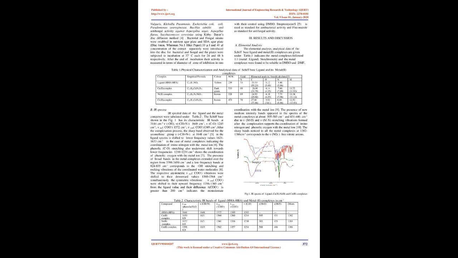The magnetic susceptibility data were calculated at room temperature using Gouy balance in DMSO solution. Conductivity measurements were carried out at room temperature using CM82T Elico conductivity bridge in DMSO solvent. The microorganisms used for antimicrobial studies were purchased from Microbial Type Culture Collection and Gene Bank, MTCC, Chandigarh.